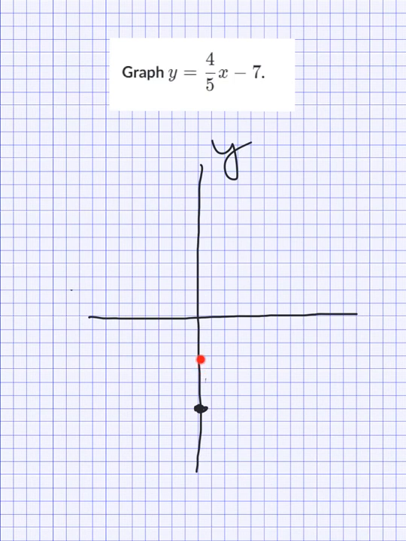Then I'm going to go over 5, 1, 2, 3, 4, 5. So my second ordered pair is graphed right there. Now all I have to do is draw a line through these points. That's pretty good. And that line goes through all the ordered pairs that are solutions of that equation. So once again, we are solving this two-variable equation by graphing.